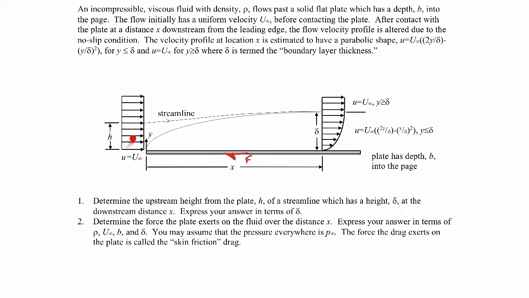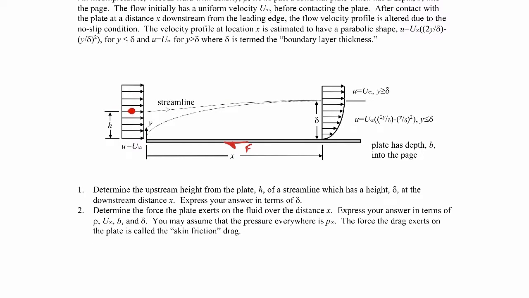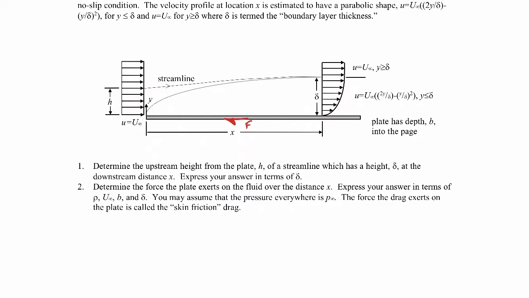So whatever the mass flow rate is coming in here, it has to be the same mass flow rate going out there, right? And since I've sketched a streamline here, we know that there's no flow across a streamline. So whatever mass flow rate comes in here, because we have a streamline on the top and a solid flat plate on the bottom, has to be the same mass flow rate that goes out. So let's start with conservation of mass then.